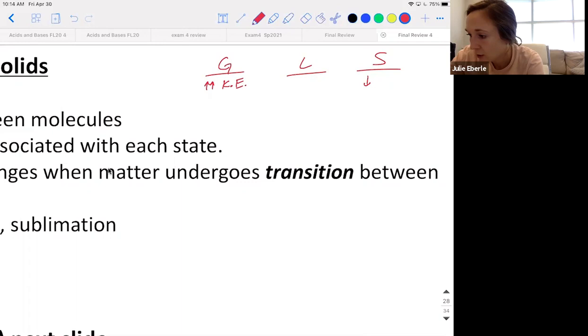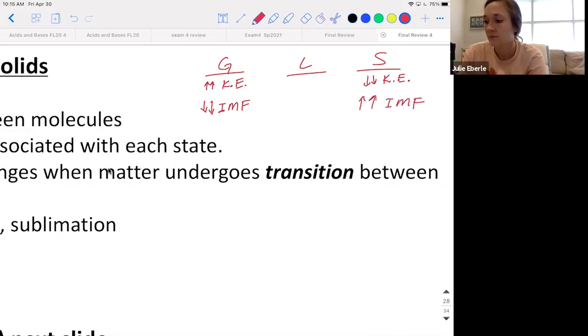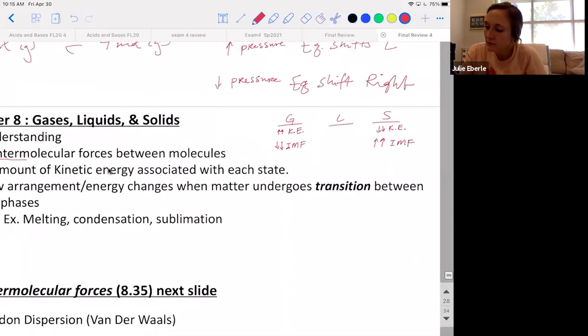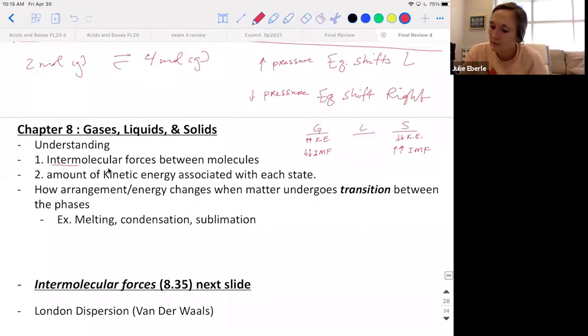Solids have low kinetic energy. And liquids are always in the middle. But gases have very few intermolecular forces, IMF. And the solids have a lot of intermolecular forces. Intermolecular forces is IMF.